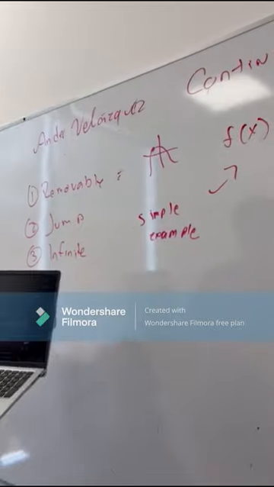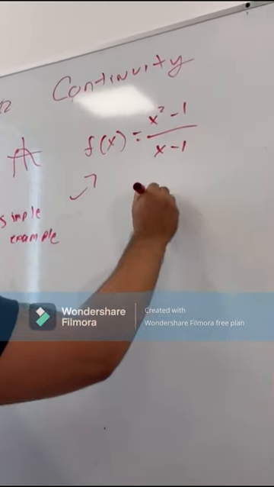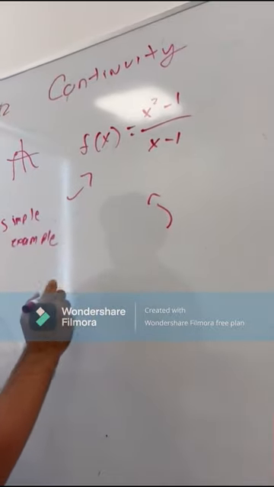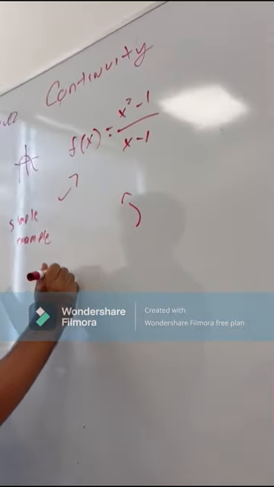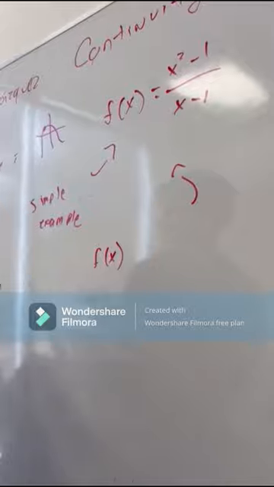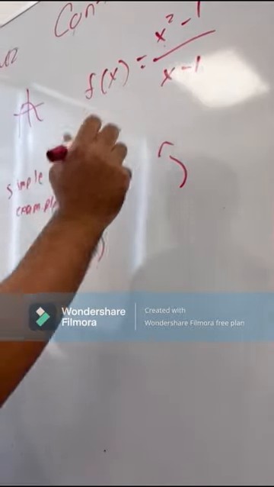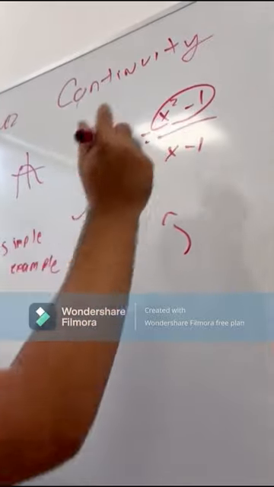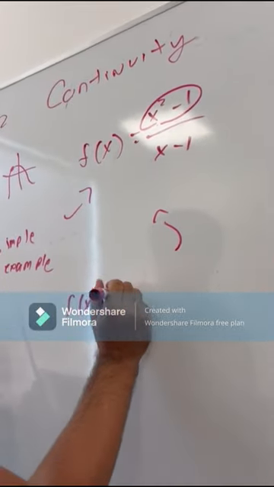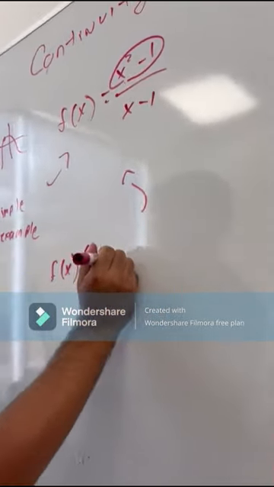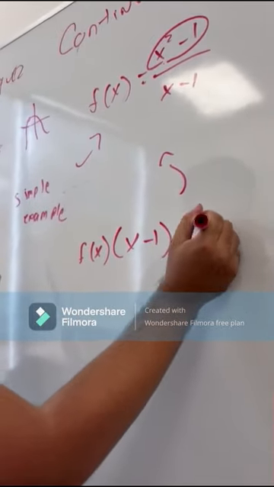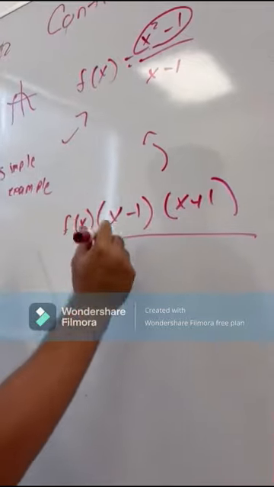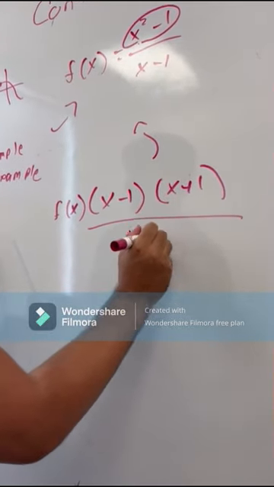Okay, now we have this function, and what are we going to do? We're going to factorize it. We have f(x). We can see that we have x squared minus 1 in the numerator, which factors into (x minus 1)(x plus 1), divided by the denominator, x minus 1.